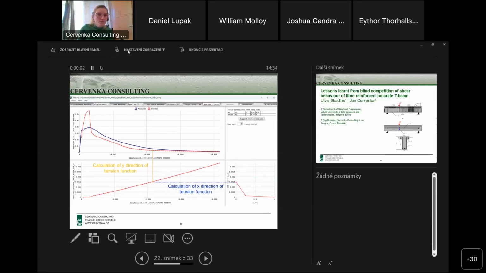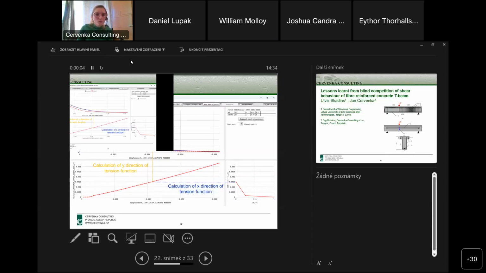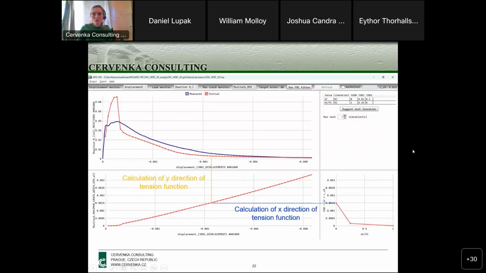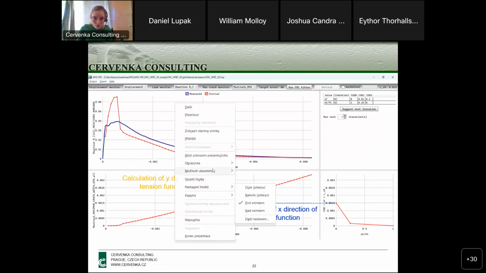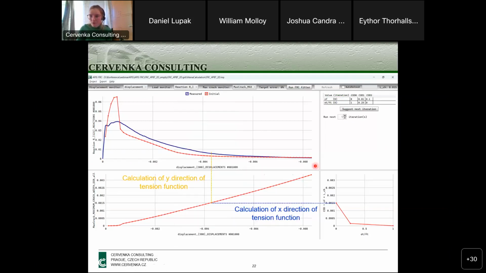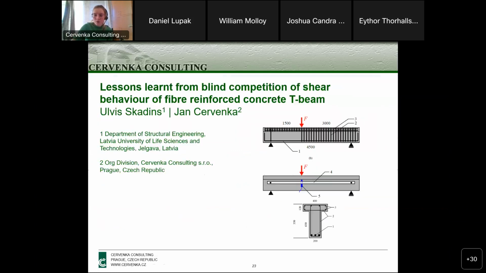There is one more thing that I wanted to show you, because recently my colleague Jan Červenka with Ulvis Skandins, they were working on a paper discussing the blind competition of shear beam behavior that was tested on fiber reinforced concrete T-beam.